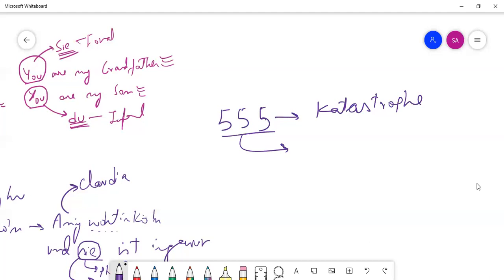That means the person sending the email is not aware whether I'm senior or junior to him. That's why the sender has written Sie. Absolutely right. That is the English statement, and the use of Sie is pretty evident here.